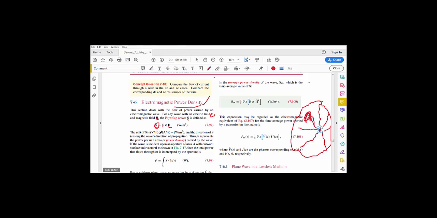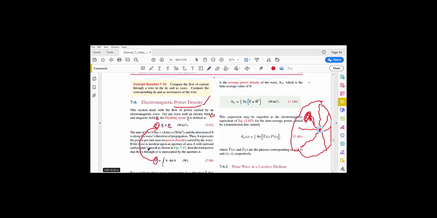And if we need to calculate the total power radiated from a source by using the power density, then this radiation should be isotropic.